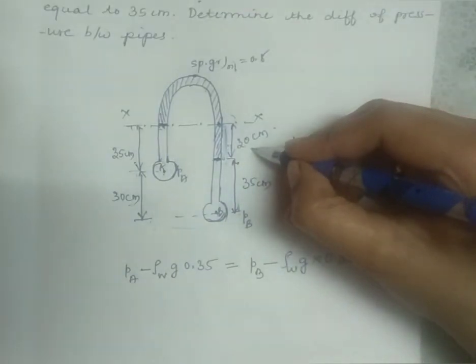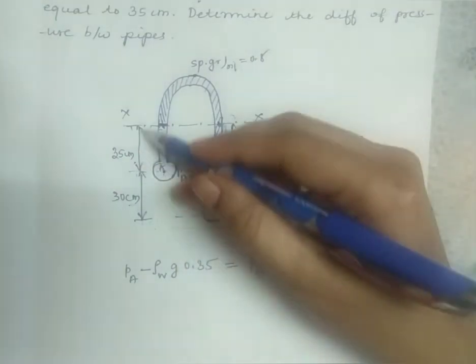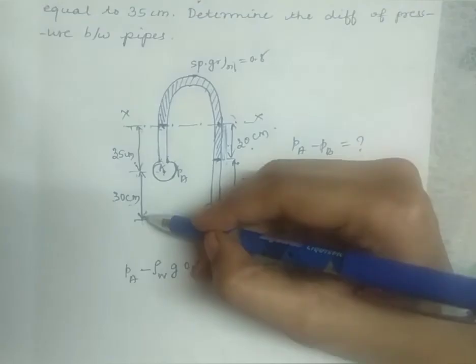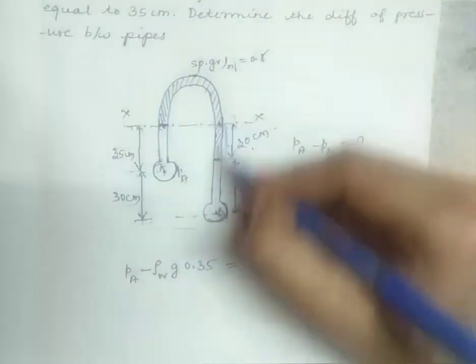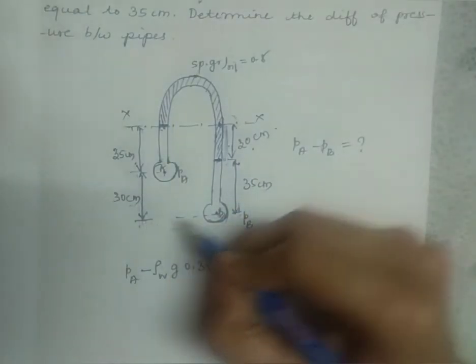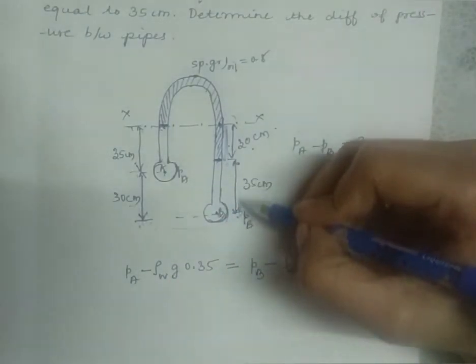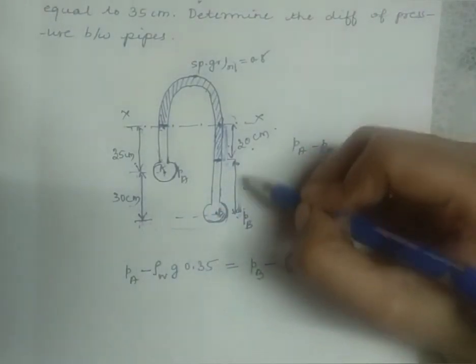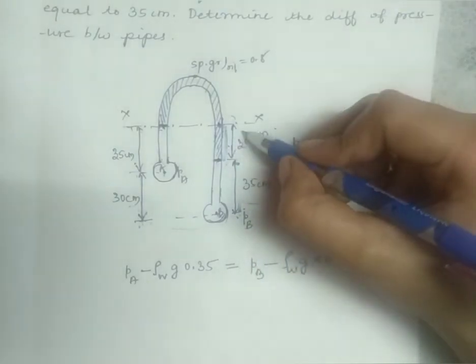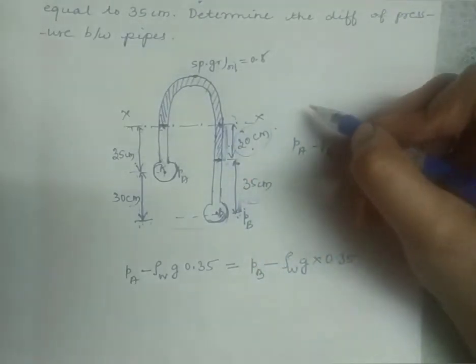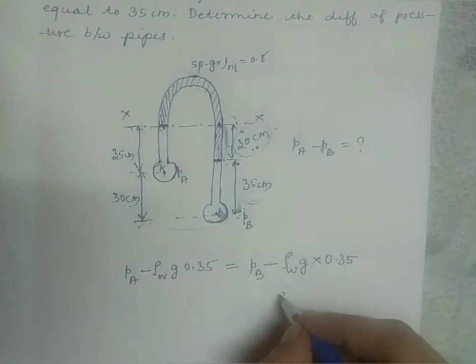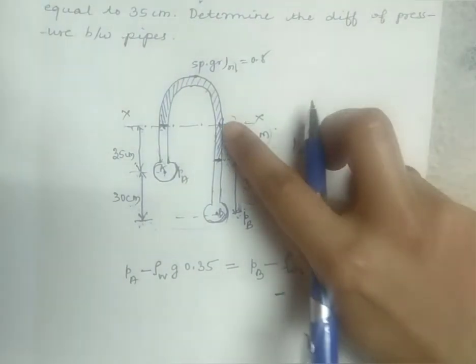How did I find that out? The total distance is already given in the question. When I draw the figure, I get the total height, and from that 35 centimeters is subtracted, which gives the height of the oil column, that is 30 centimeters. So how can I find the pressure at this point?